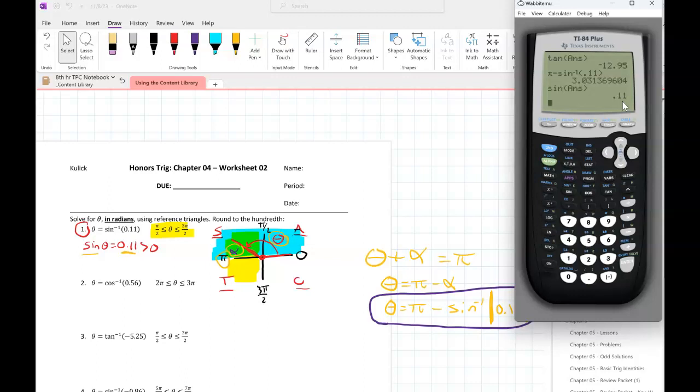I feel good about that, but there's two parts to this check. The second part is I want to make sure that 3.03 is in between pi over 2 and 3 pi over 2. Well, 3.03 is a decimal, so to check this, I'm going to convert pi over 2 into a decimal. 3.03 is bigger than that.